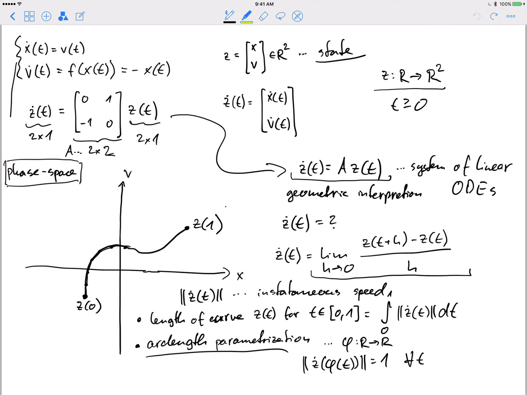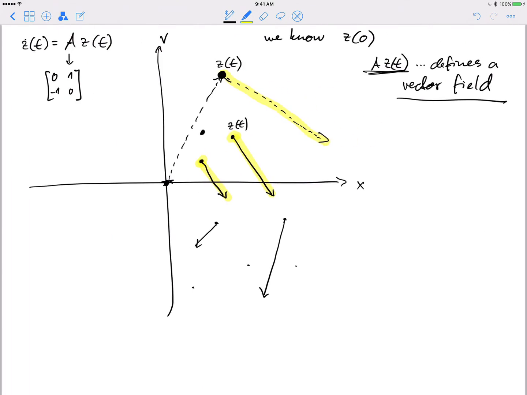I don't want to make it super formal because formally, a vector field would be assigning a point a vector. So at some point you would have to convert from a point to a vector. But I think we don't have to formalize it further. So basically, for a point, you can draw this arrow here. That's the associated vector. That vector gets rotated by minus 90 degrees, and that's your arrow here.